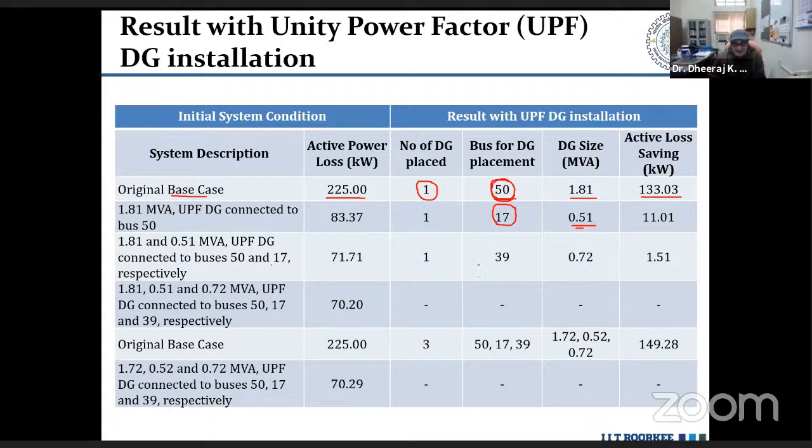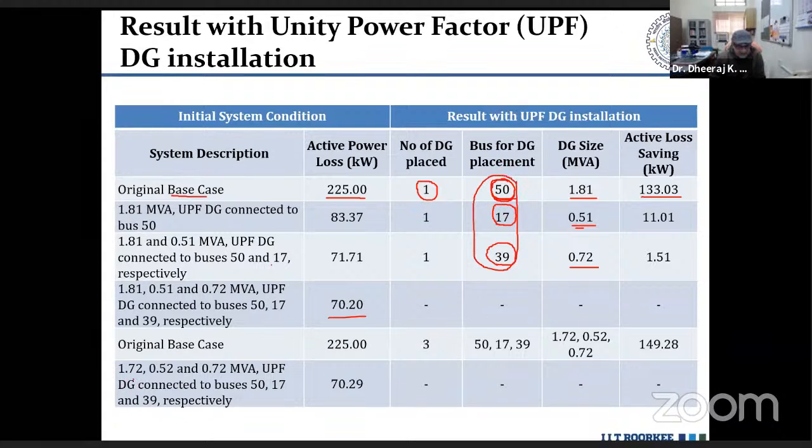Then we tried for the third optimal bus. So we got that 39 is suitable. So now we placed this DG also at bus number 39. Again we tried, but here we observed very little active power loss saving. So we did not try to search for any more buses. So now we identified that these 3 buses are suitable buses for DG placement.